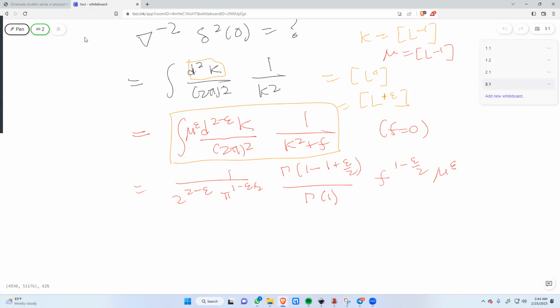Oh yeah, this is actually just f to the minus epsilon over 2.